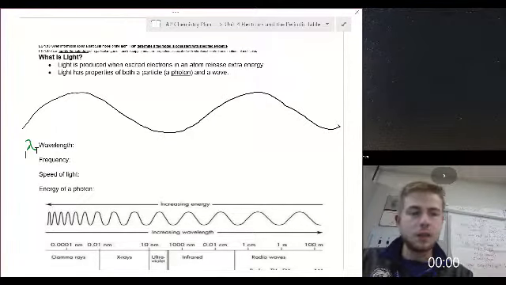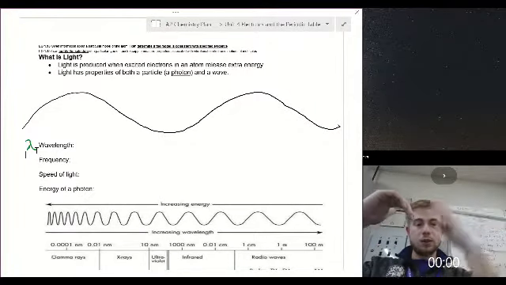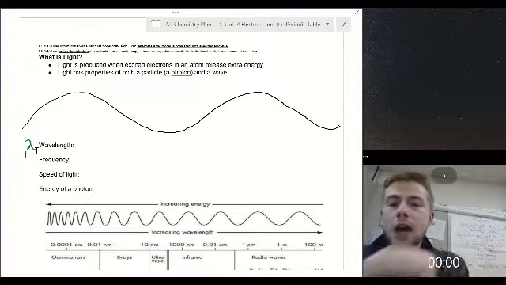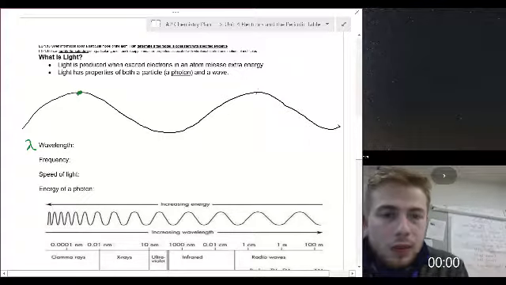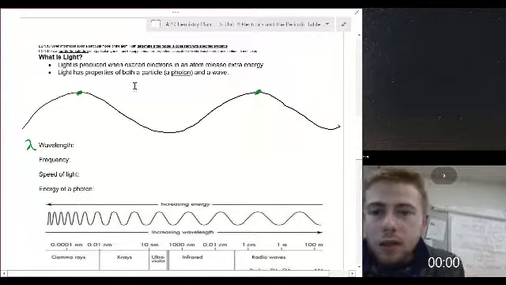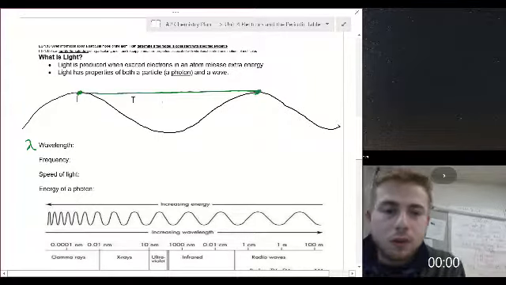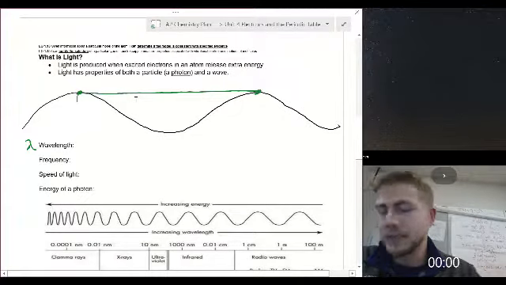So wavelength, represented by lambda, is the distance from one peak to another peak in a wave of light. So, for example, if I was to look at this peak and this peak, the distance between these two peaks, that's a pretty straight line, is called the wavelength.